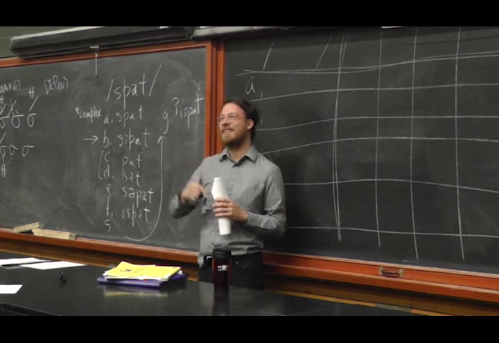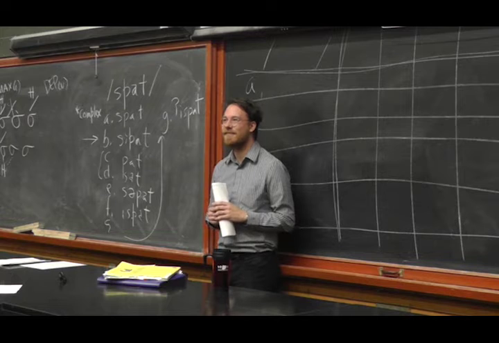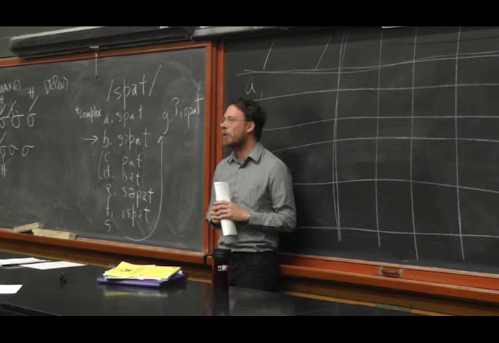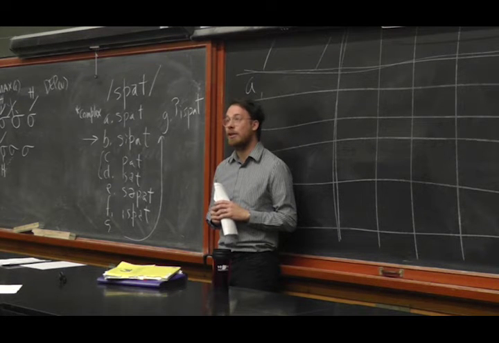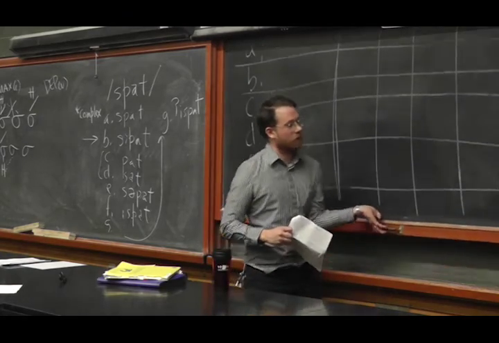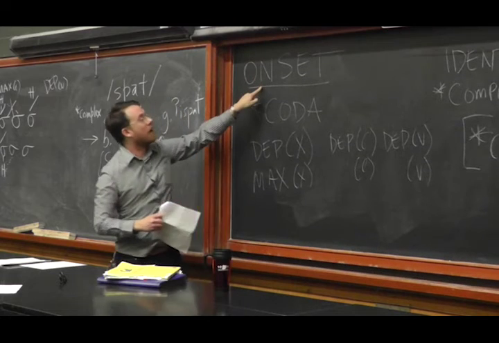Okay? Yeah, Amanda. How do you decide whether you want to make the constraint a positive declaration instead of a negative one? I think I want to say aesthetics, but maybe someone who knows more about OT would argue against me. Generally, there are certain things which are just conventionalized. Like, for instance, this one is saying have an onset.